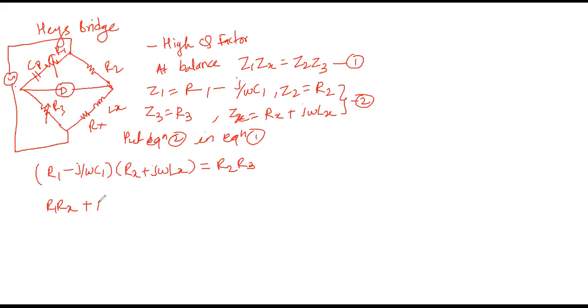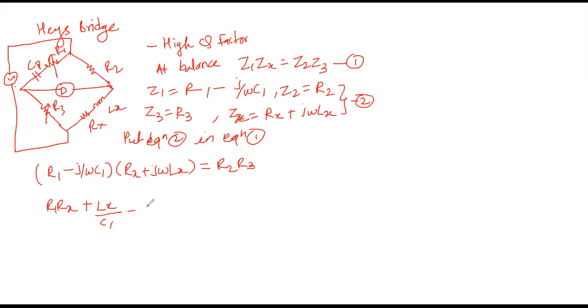So here we get Lx divided by C1. Omega omega will get cancelled.